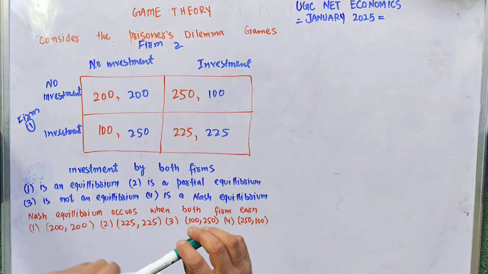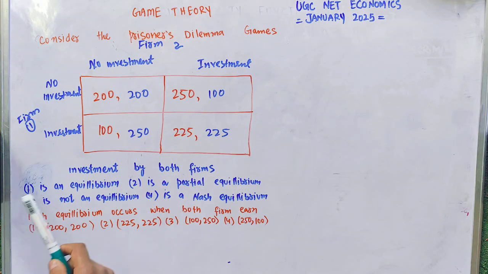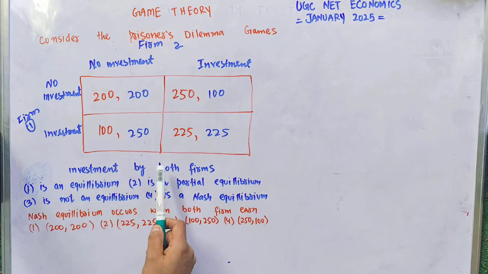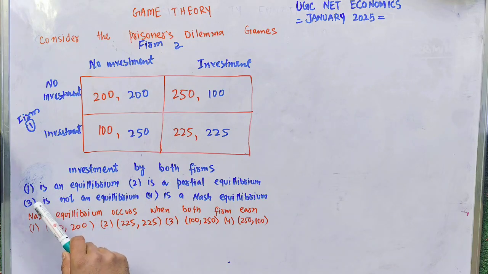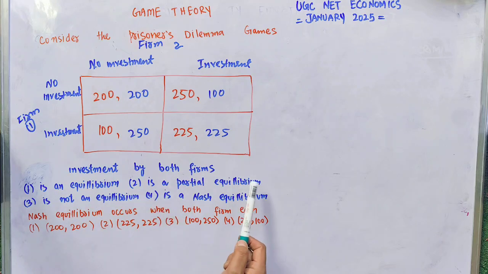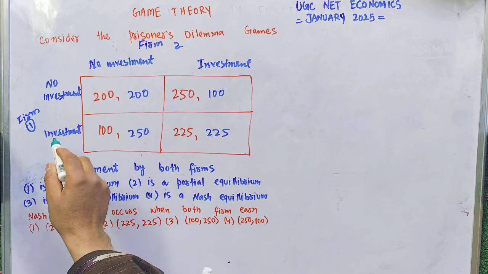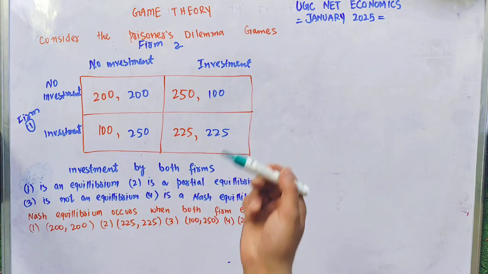We are being told that if both firms choose investment, that means investment by both firms, the options are: is an equilibrium, is a partial equilibrium, is not an equilibrium, is a Nash equilibrium. Okay, what kind of equilibrium is it when both the firms choose investment?